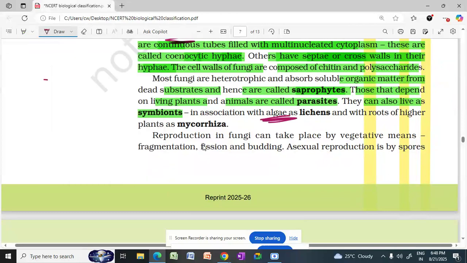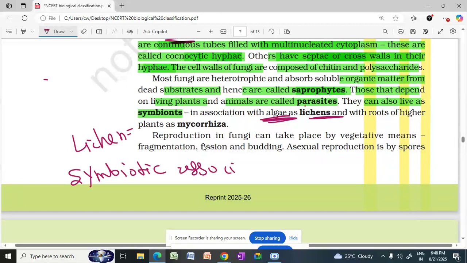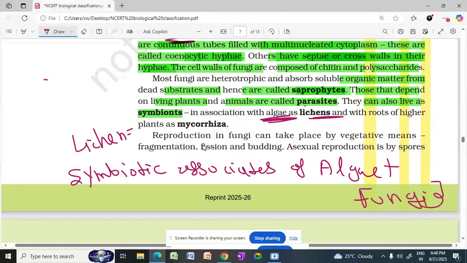Okay, so what is lichen? Lichen is symbiotic association of algae and fungi. So that is a symbiotic relationship. Symbiotic relationship means these two partners will get mutual benefit.